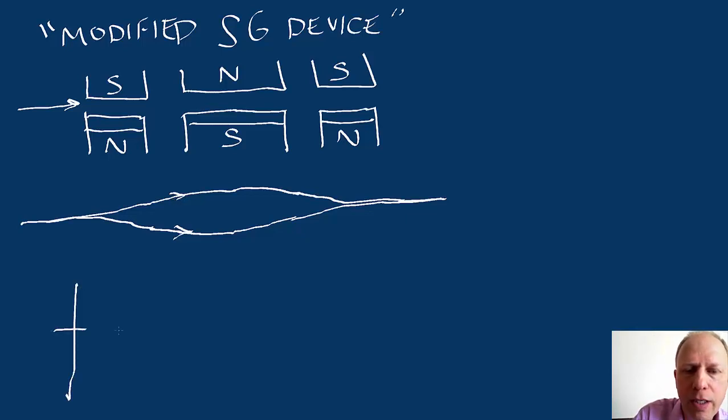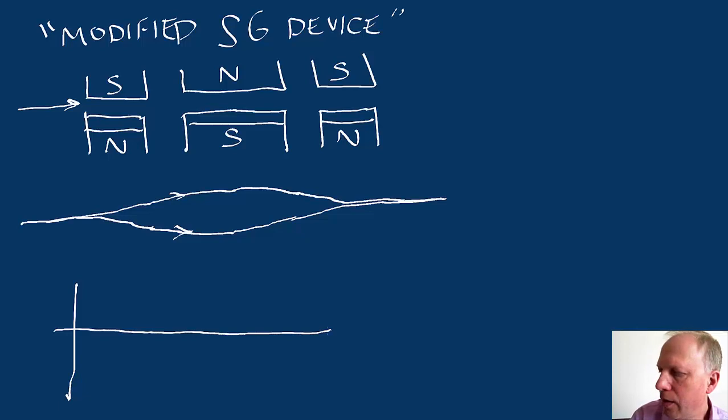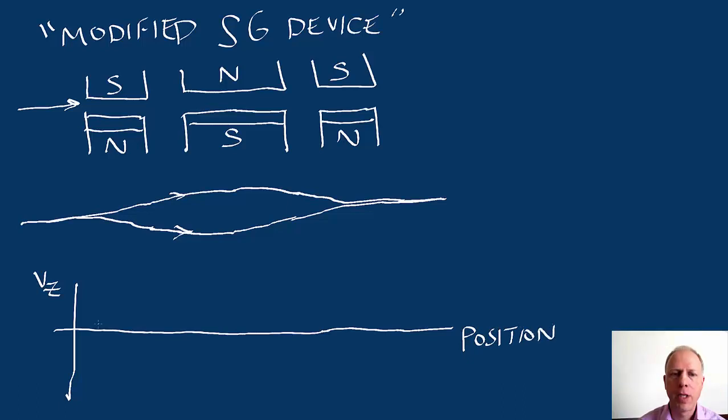So if I was to plot the z component of velocity versus position in this apparatus, which is the vertical component of velocity, let's say for the spin-up electrons, the first magnet would tend to produce a positive vertical velocity.